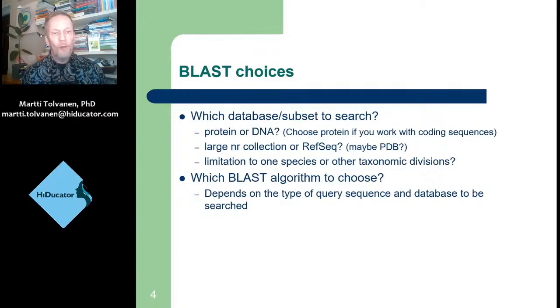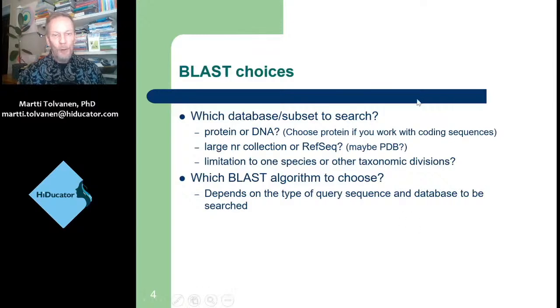Now, when we start running the BLAST algorithm or running the BLAST server, there are some choices to make. One of these things after you've selected your query sequence obviously is in which database do you want to find your hits. Do you want to find DNA sequences which are similar to your sequence or protein sequences?